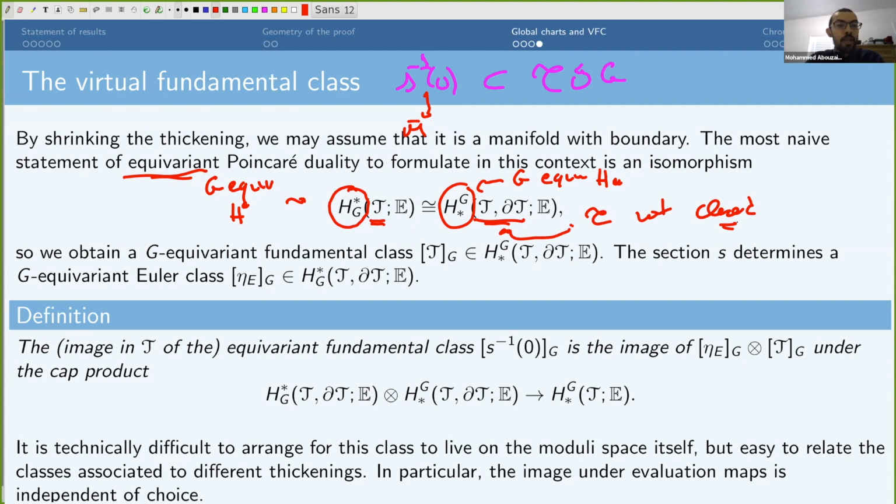Now, let's assume that we have this Poincaré duality statement. On the left-hand side, cohomology is a ring. So in cohomology, there's always the unit element, 1. You can look at its image, and its image is this fundamental class, the G-equivariant fundamental class of T, of the thickening. But now the thickening also has this vector bundle, and this vector bundle has an Euler class.